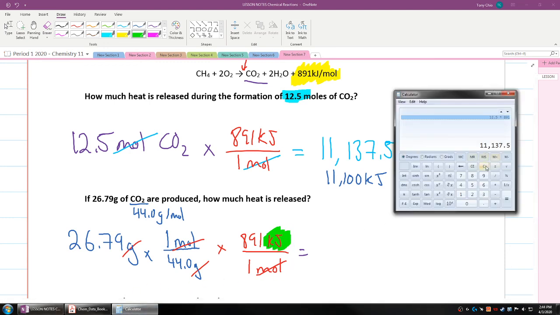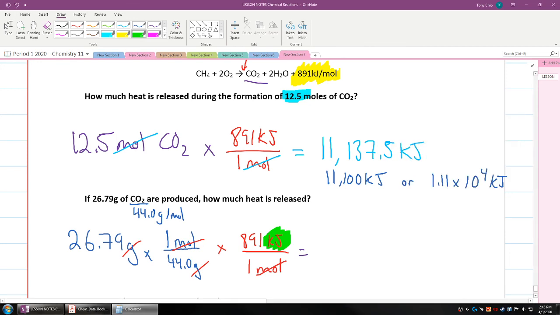So what you see here is 26.79 divided by 44 times 891, and we're going to get 542.5 because it's 4 sig figs. So 542.5 kilojoules.